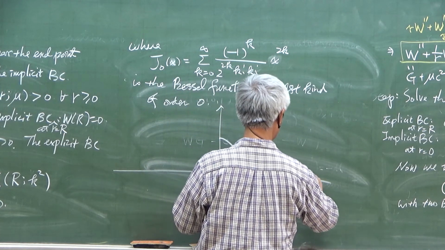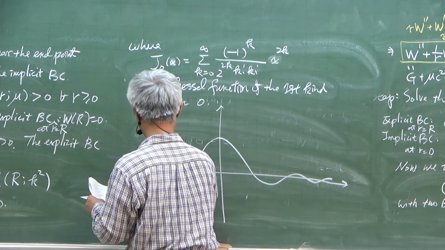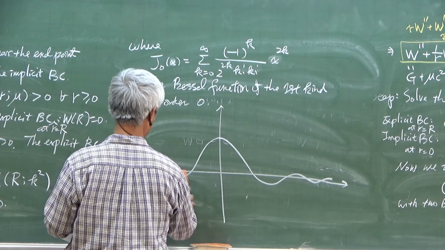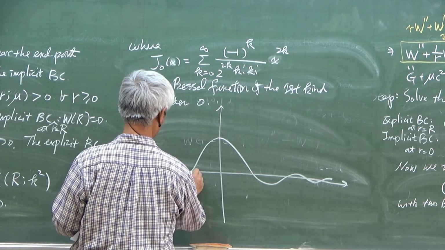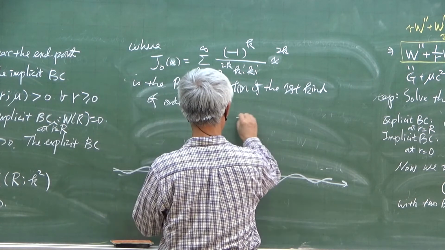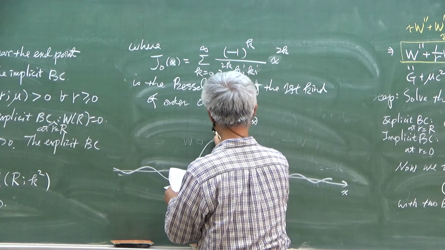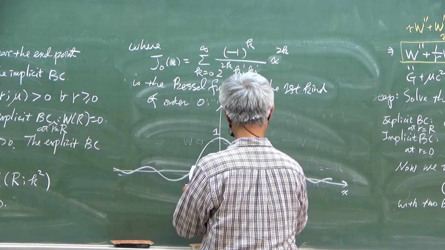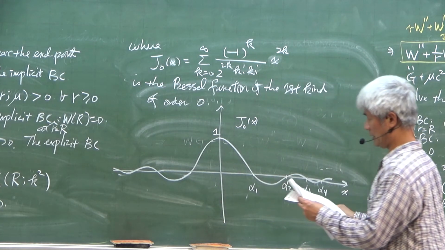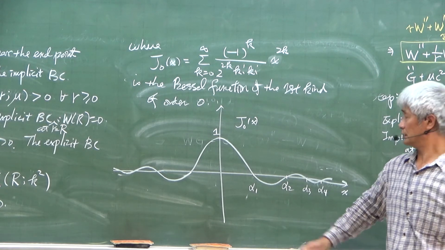It has a lot of zeros, okay? And this is symmetric. Okay, and this is 1 here, and we call these alpha 1, alpha 2, alpha 3, alpha 4. Okay, so these are the positive roots of this Bessel function.